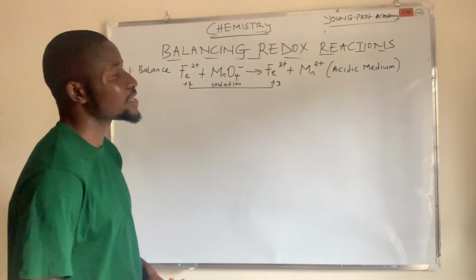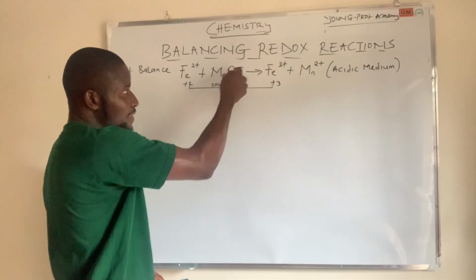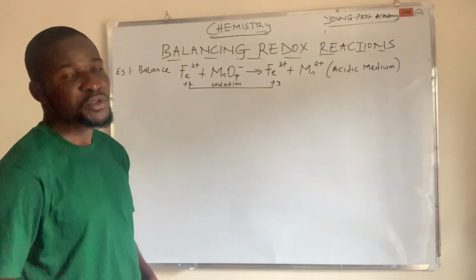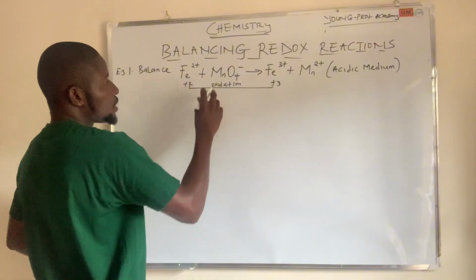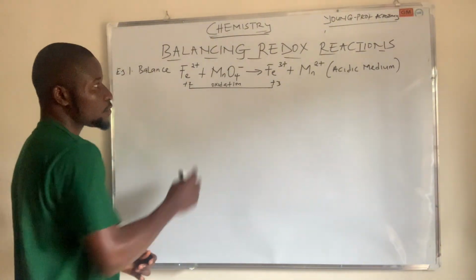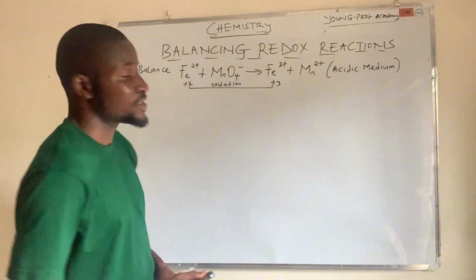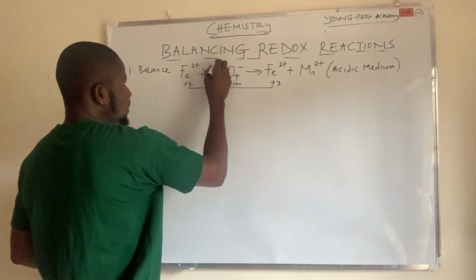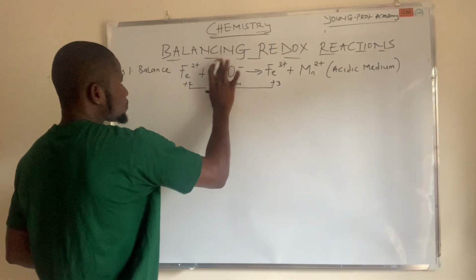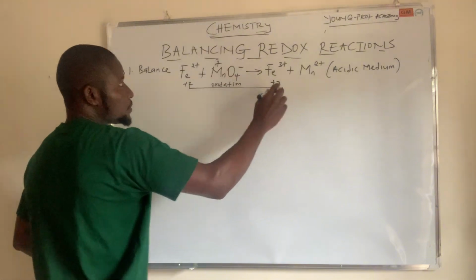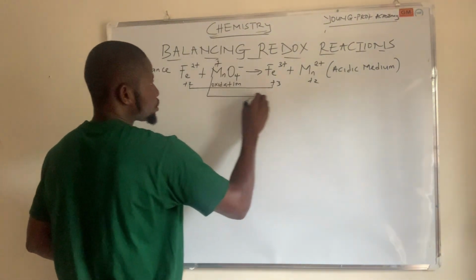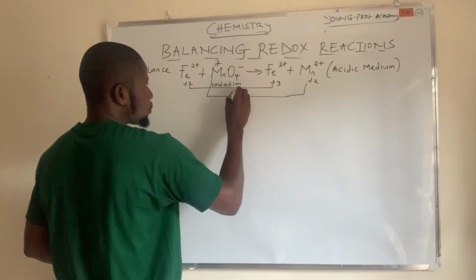Because if you remember, I said that the oxidation number of a radical is equal to the charge found on that particular radical. So in this case, if this is -8, definitely the oxidation number of manganese is 7, because 7 - 8 will give you -1. So if the oxidation number here is 7, the oxidation number here is +2. So this is a decrease in oxidation number, which we call reduction.